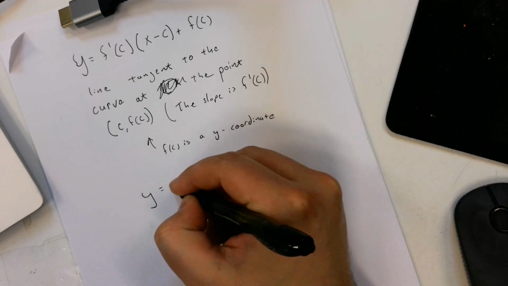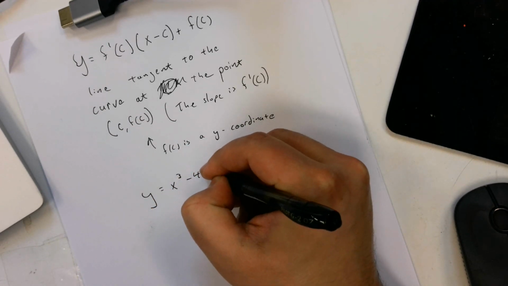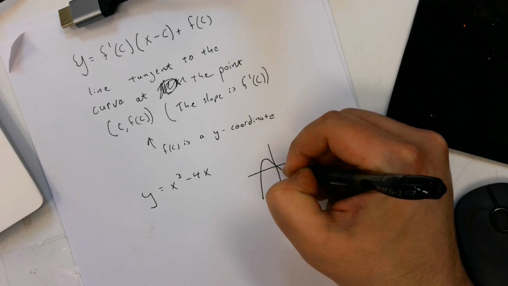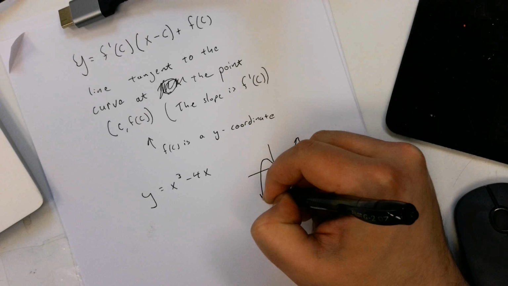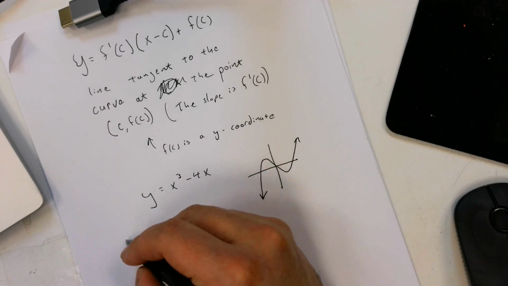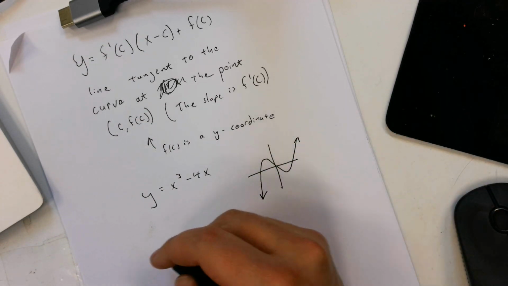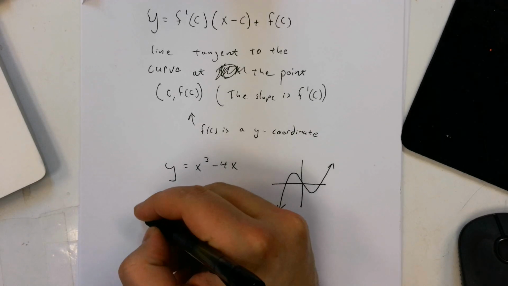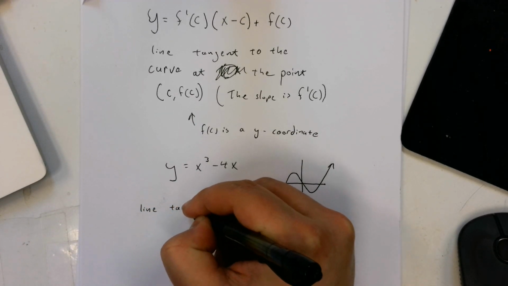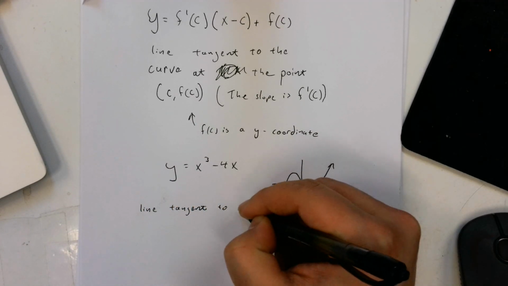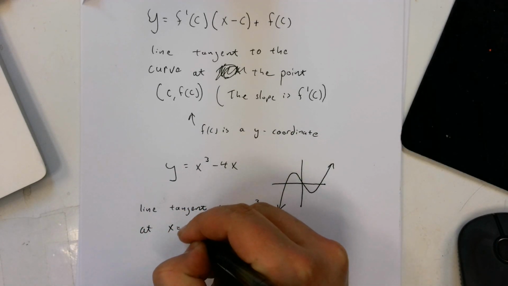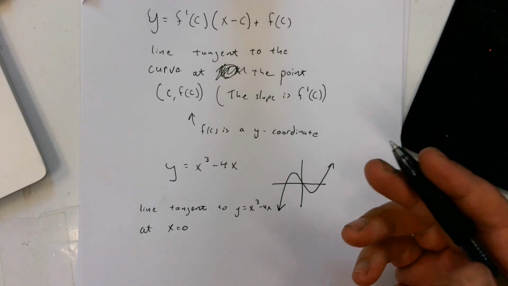y equals x cubed minus 4x. You guys all know this. Looks something like this. If I want the line tangent to the curve to y equals x cubed minus 4x at x equals 0, well, that's pretty easy, right?